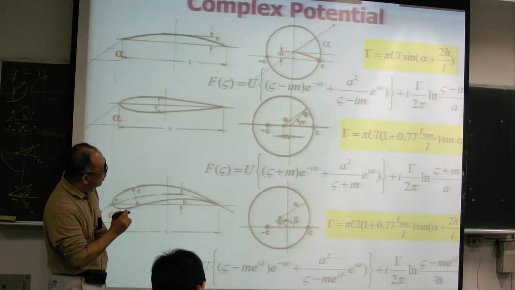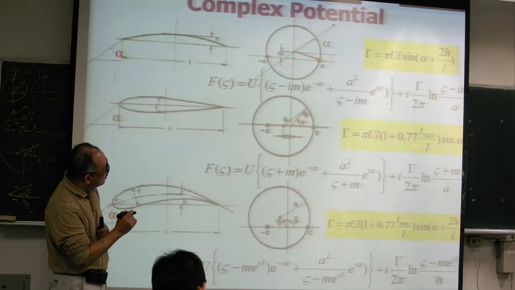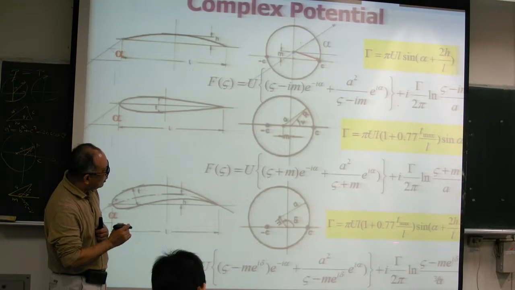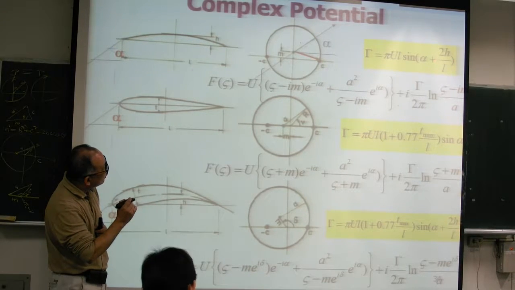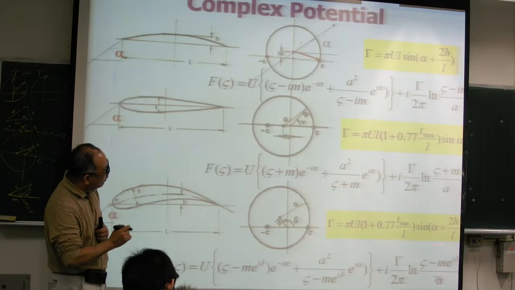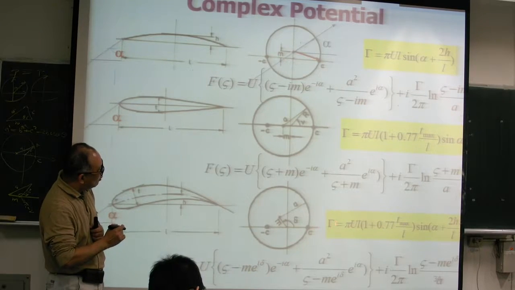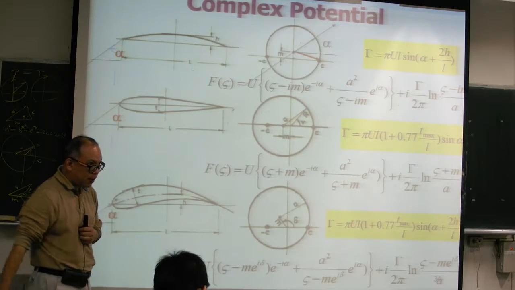This is the circulation here, due to the thickness effect. The circulation due to the camber effect is from here. So this is finally how much circulation we should have with thickness and camber.